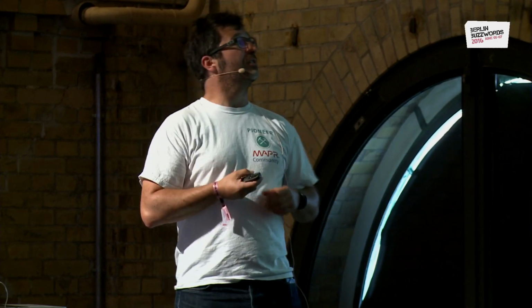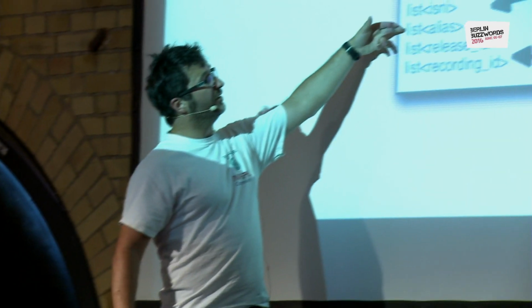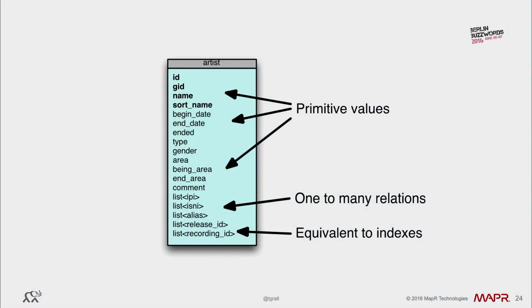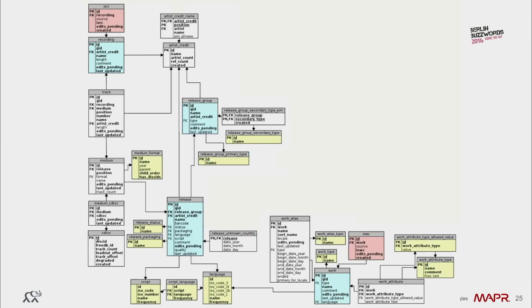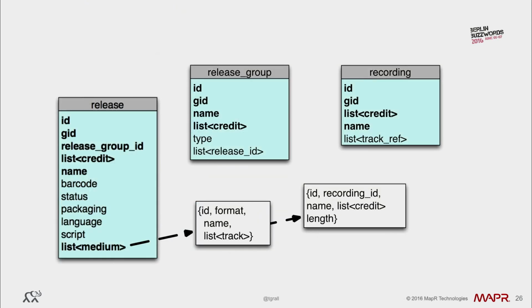So if we look at what we can do, first we take all the relations in the same table using lists. For example, we have the list of aliases here, the list of recordings here. So in this case, in one single table, you have all the information. You just have to organize the data differently. And you do the same with all the other tables, meaning you will take, for example, for a specific release, the type of medium it is.